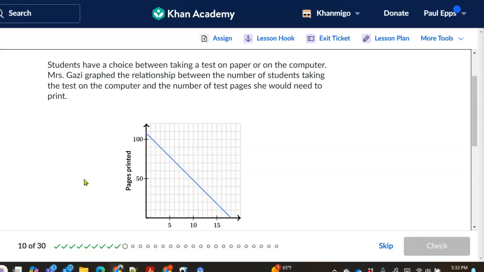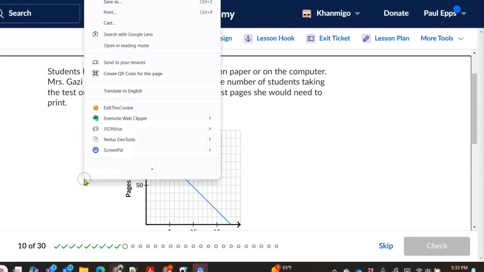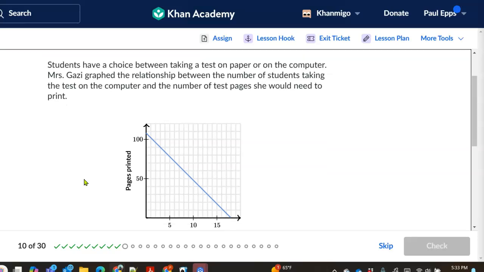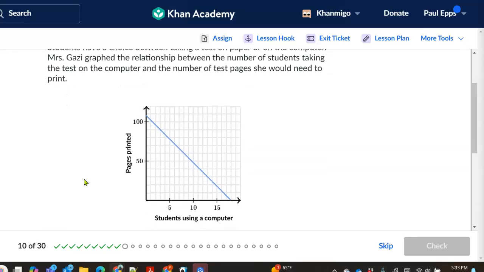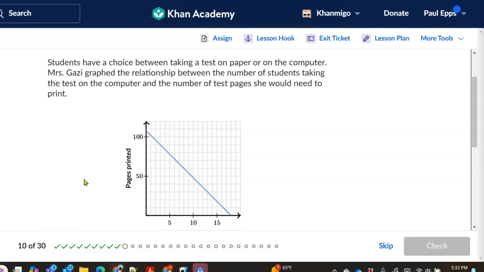Students have a choice between taking a test on paper or on the computer. Mrs. Ghazi graphed the relationship between the number of students taking the test on computer and the number of test pages she would need to print.